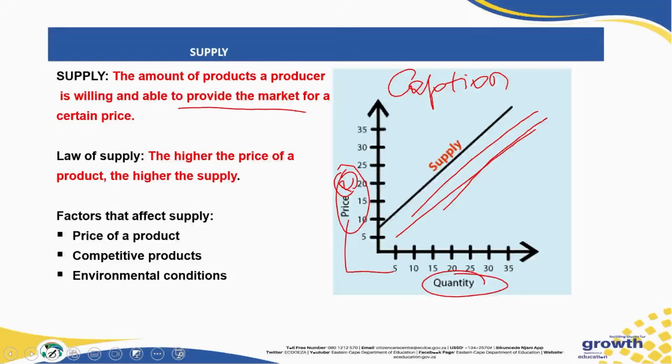The factors that affect the supply of a product: the first one is the price of a product. As we've said, when the price of a product changes, the supply will also change. Also the availability of competitive products. If there are new competitive products in the market, there will be a change in the supply of that product. The environmental conditions also have an impact on supply.